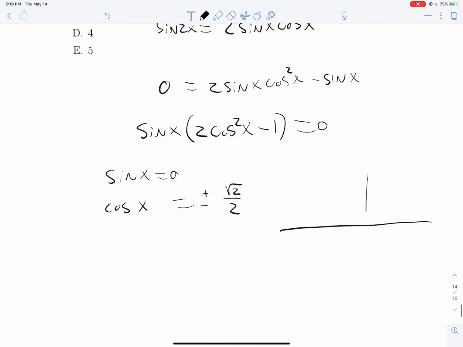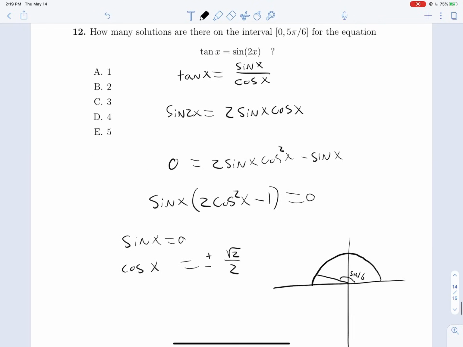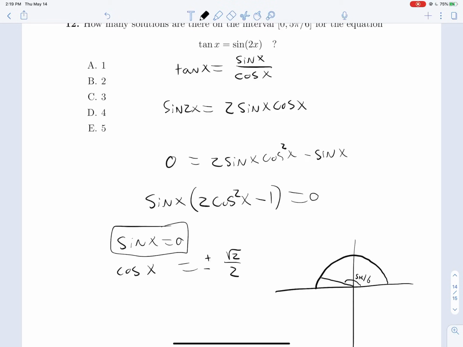Okay, so when is this true? Let's make a unit circle. We know that we're dealing with all of the thetas before 5 pi over 6. Well, sine x will be equal to 0 where? y is equal to 0 at theta is equal to 0.